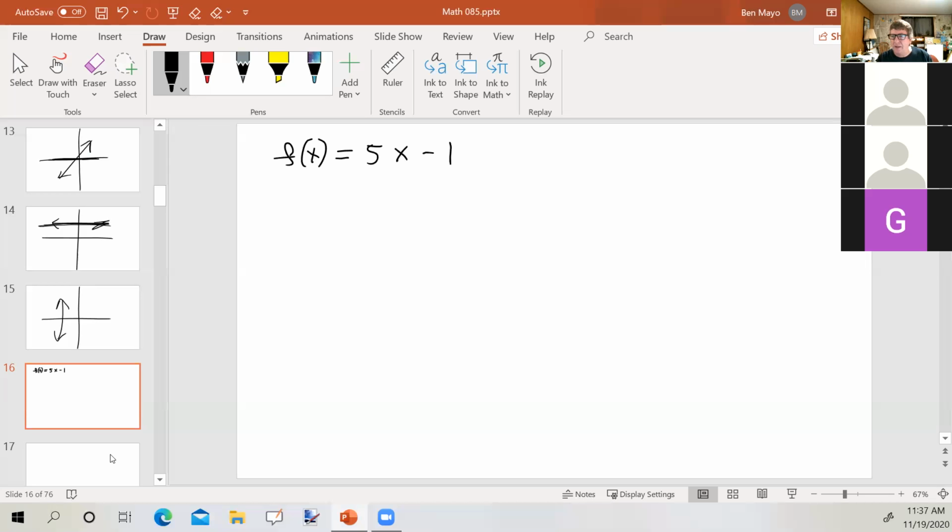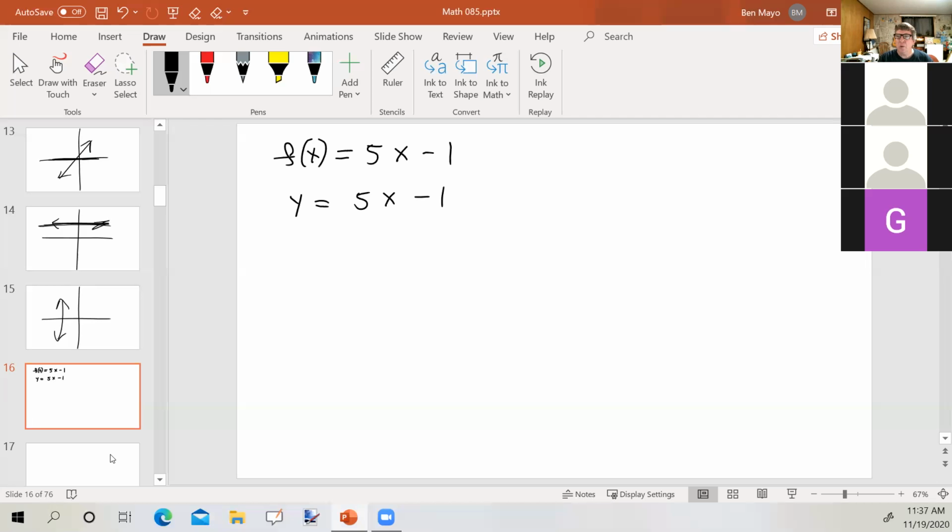So the graph of that is a straight line with a y-intercept of -1 and a slope of 5. It is a one-to-one function. Okay, now we are going to find its inverse. The first step is to replace the f of x function notation with just a plain old ordinary y. So f of x gets changed into y. That's step 1.